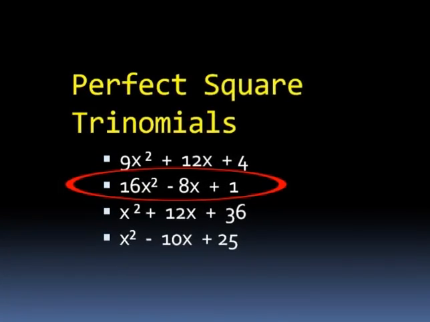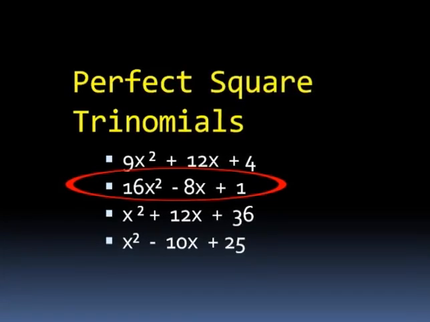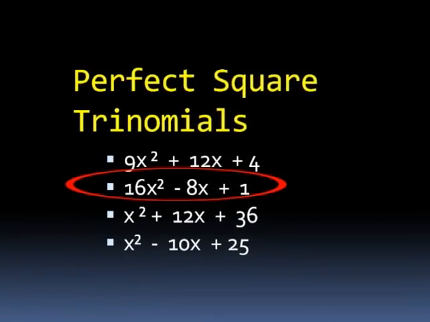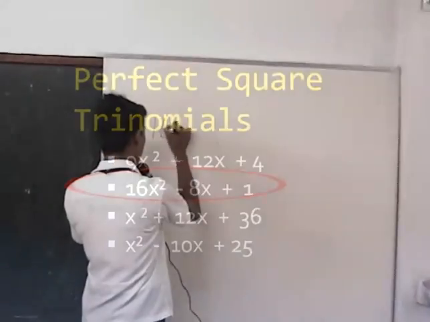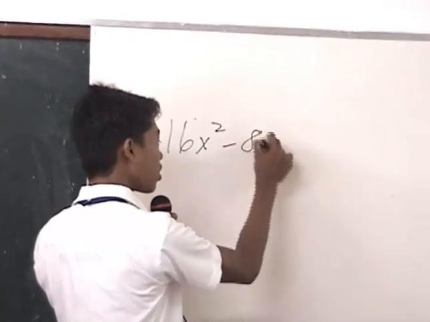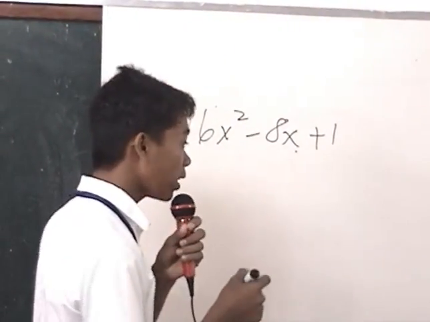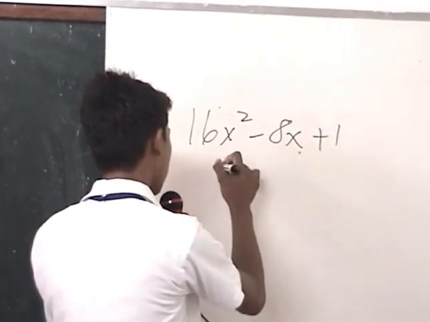So, let us try now the second example. Who can try this on the board? Yes, Mr. Bino. 16x squared minus 8x plus 1. To factor this, first, find the square root of 16x squared, which is 4x.